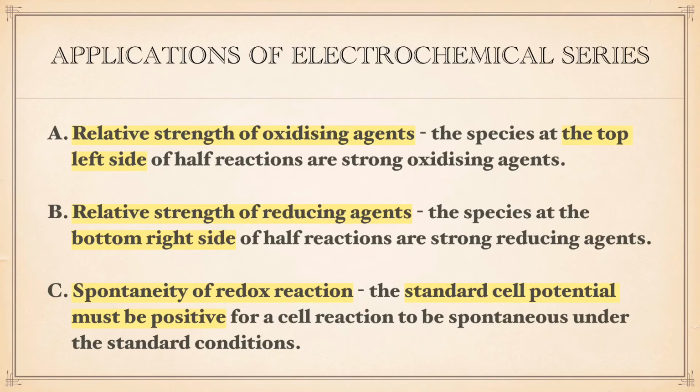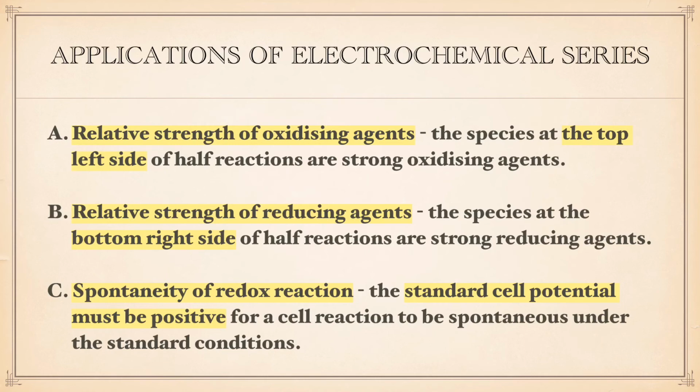So I can say the species at the bottom right side of half reactions are strong reducing agents. So the strength of reducing agents increases from top to bottom as E0 value decreases. So please understand that. Oxidizing agents will be at the top, reducing agents will be at the bottom.